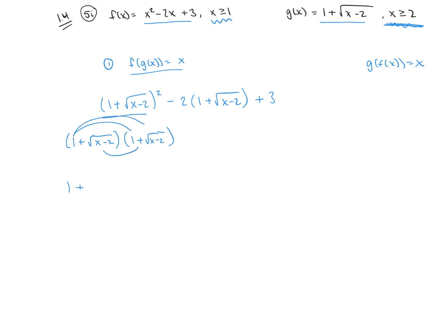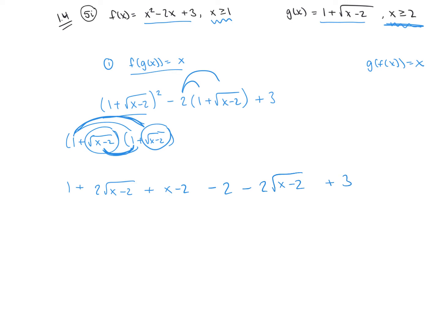This is going to be 2 square root of x minus 2, because there's going to be one of them and then another one of them, so there's going to be 2 of them, plus this times itself is just x minus 2. Okay, then I have minus, I'm going to distribute this, so minus 2, and then minus 2 root x minus 2 plus 3.